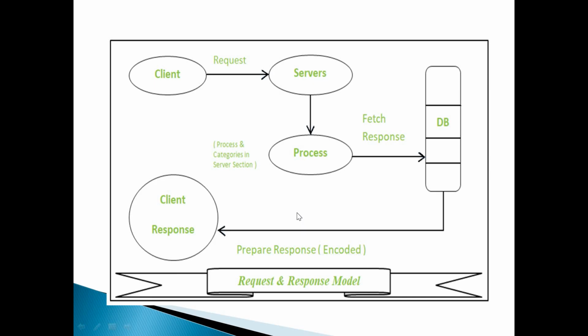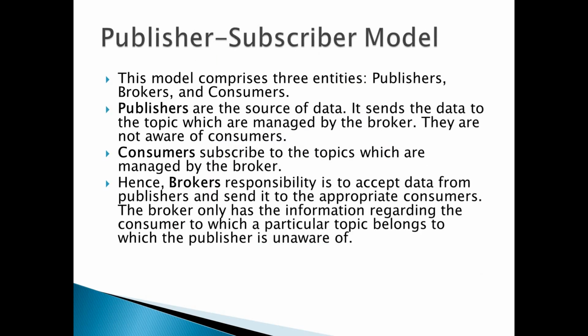The next model is the publish and subscribe model. Here in the publish and subscribe model, there are 3 entities. The first one is the publisher, the second one is the broker and the third one is the consumers. Publishers are the sources of the data. They send the data to the particular consumers.